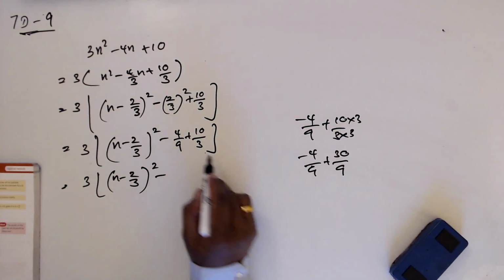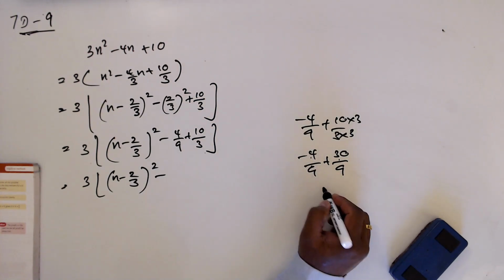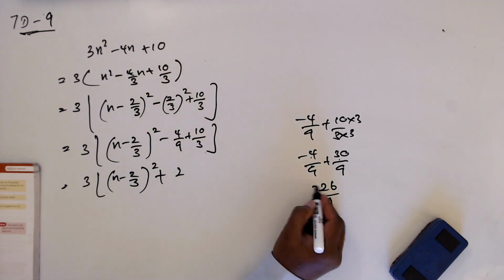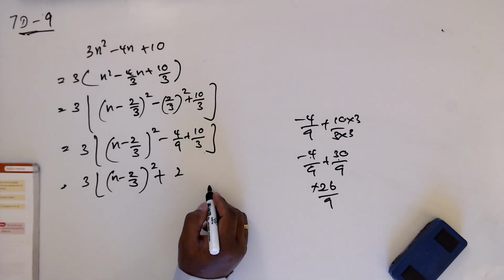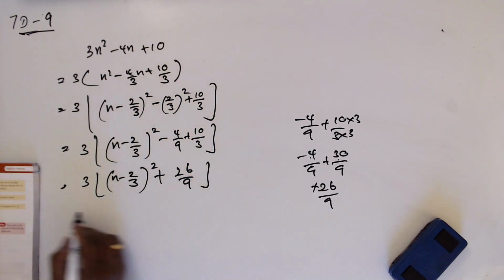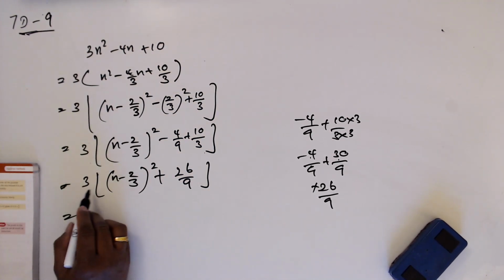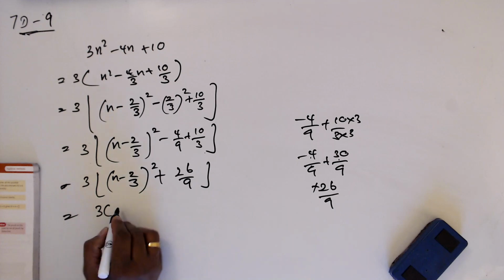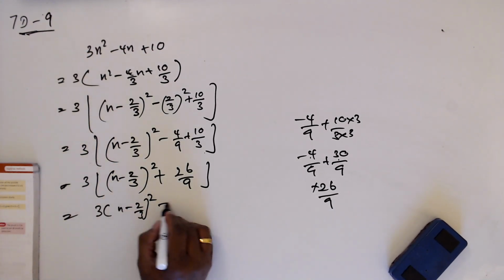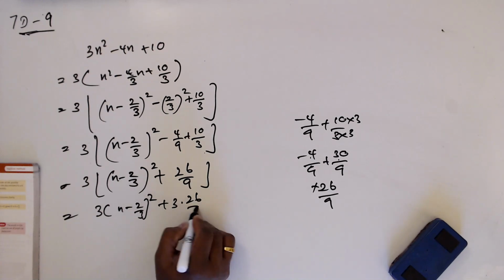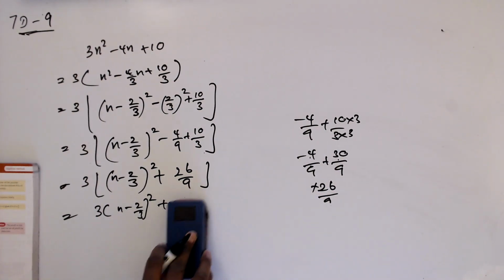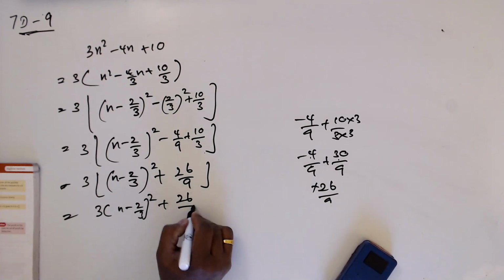I made the denominators the same, then 30 minus 4 is 26 over 9. So this is plus 26 over 9. Then we multiply 3 times the bracket, and 3 times 26 over 9, the 3s cancel out, it will become 26 over 3.